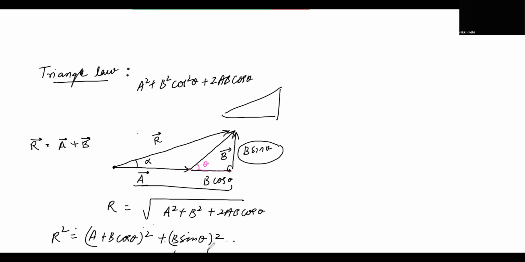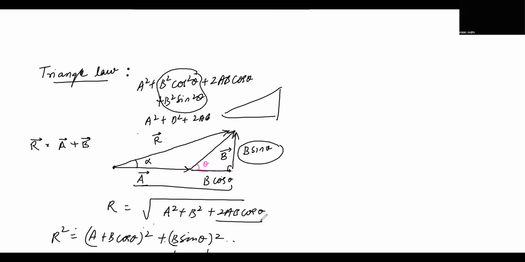And this term is going to give you B squared sin squared theta. Now, when you take B squared as common from these terms, you get sin squared theta plus cos squared theta, which is equal to 1. Correct? So you'll be left with A squared plus B squared plus 2AB cos theta, all under root. Got it?